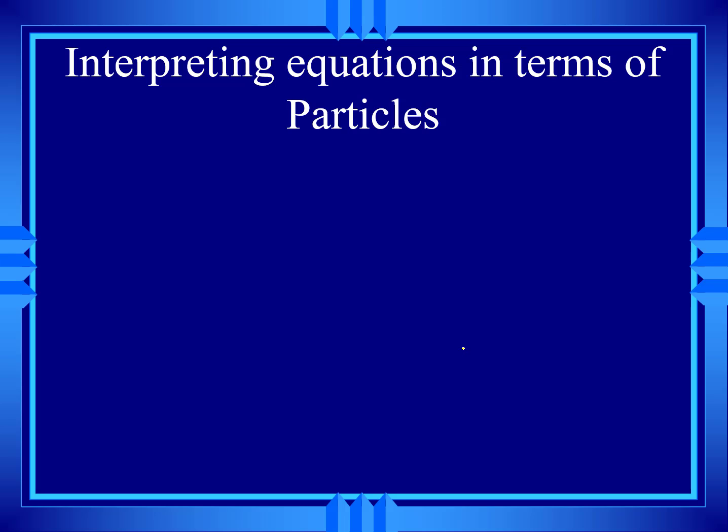Just as a reminder, there are different kinds of particles. If you have an element, the type of particle you're going to have is an atom, usually, unless it's diatomic.